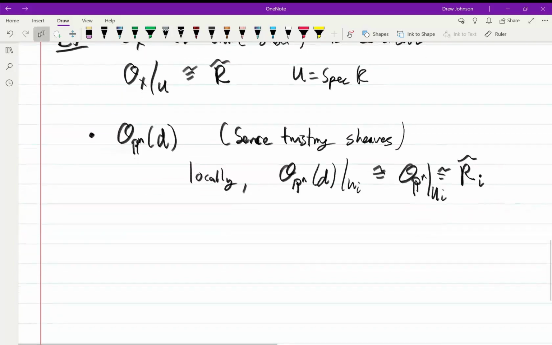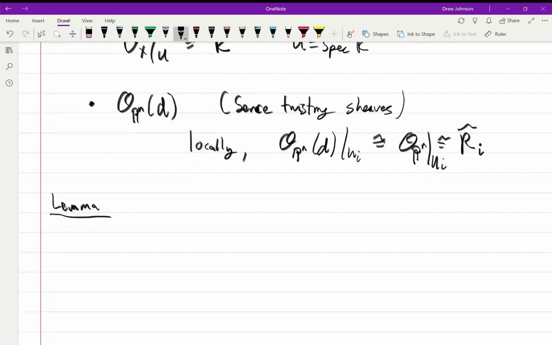All right, and I kind of told you that these are closely linked to commutative algebra. So this lemma here will give us an idea of how closely linked they are. So there's a bijection. In this one, we're going to have X be an affine scheme.